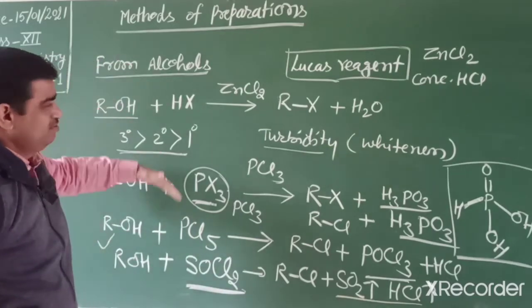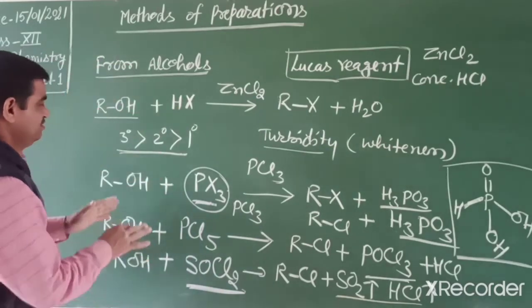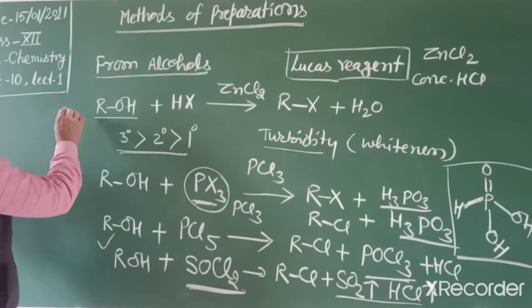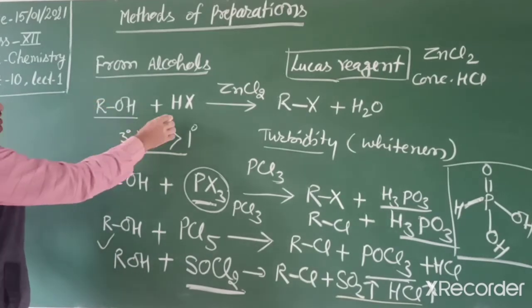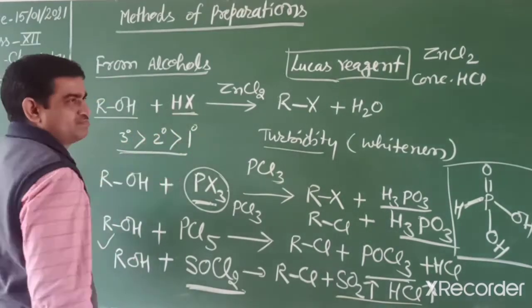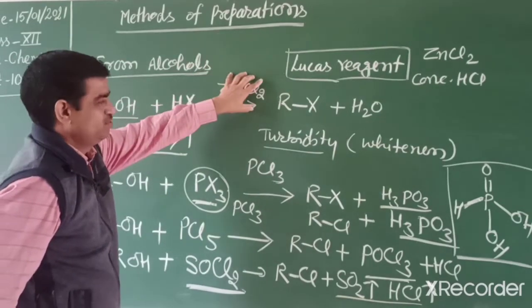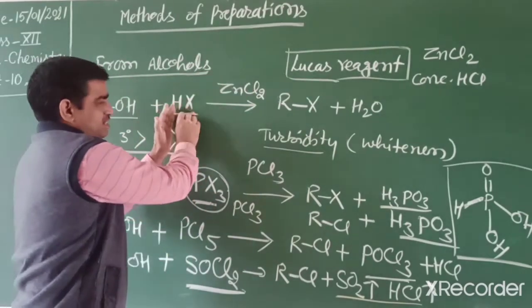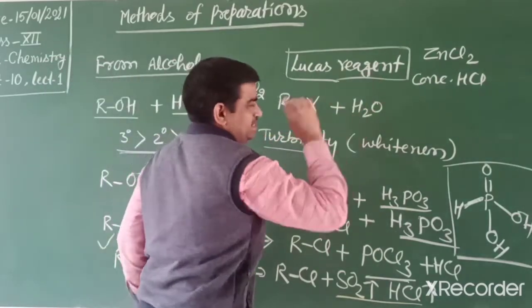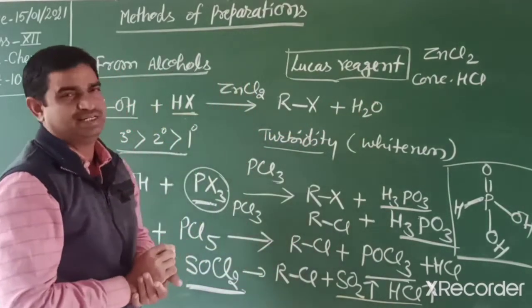So from the methods of preparation from alcohol, these are the four methods. First one is alcohol reacting with hydrogen acids, generally HCl, and zinc chloride. Concentrated HCl and zinc chloride is known as Lucas reagent.